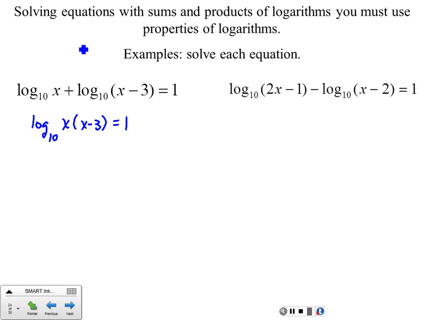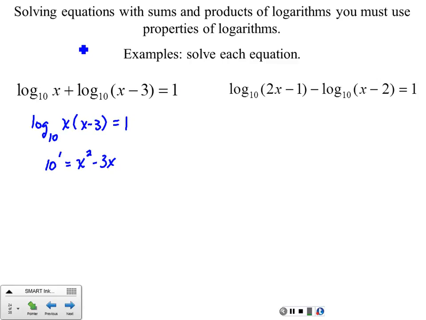Once you have it broken down into 1 log, your next step is to change it to exponential. So you're going to have 10 to the first power is equal to, and I'm going to go ahead and distribute that product, so we're going to have x squared minus 3x. So you see what I did? I changed my log to exponential. Very first thing we learned how to do today. Actually, the second thing. But anyway.